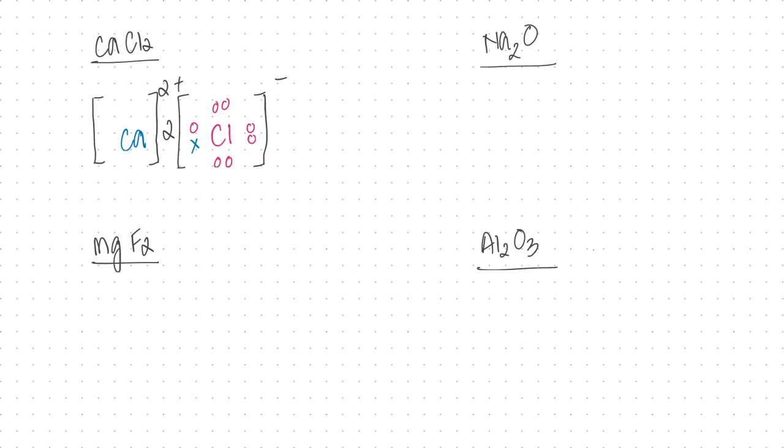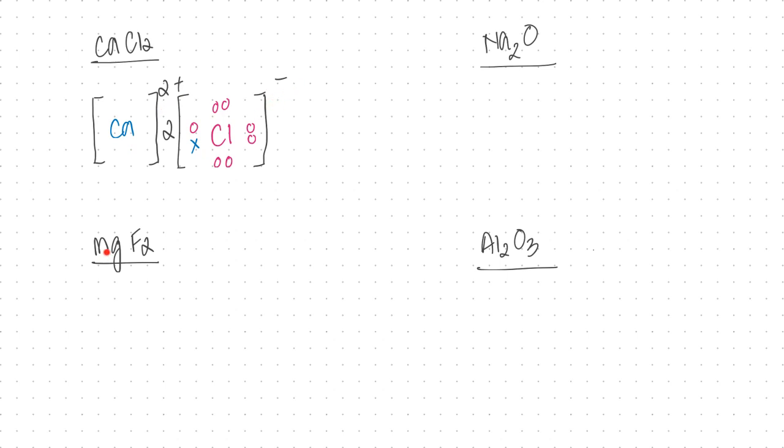Let me erase this and put calcium a bit more neatly. Now magnesium fluoride, if you notice, has a 2 plus charge. Fluorine has a negative charge. The calcium over here has a 2 plus charge, and chlorine has a negative charge.